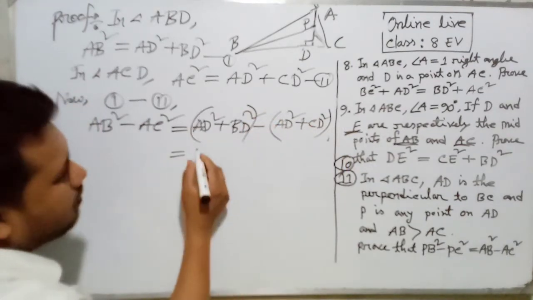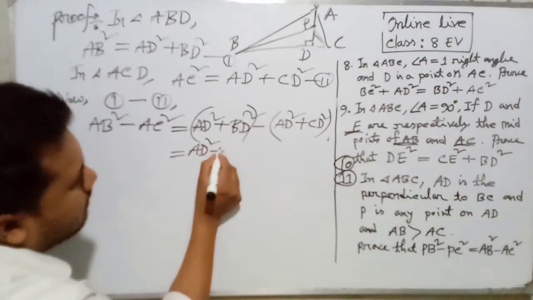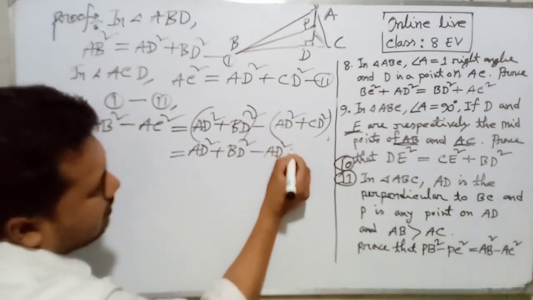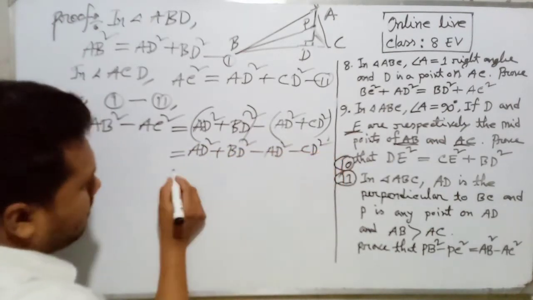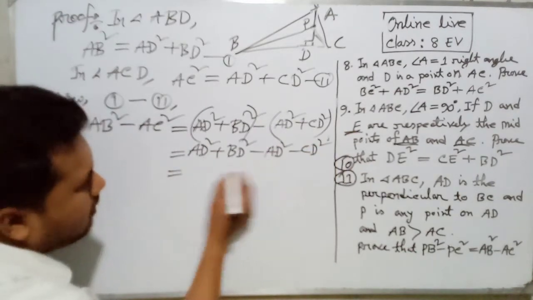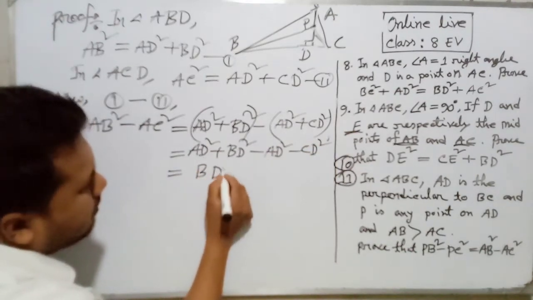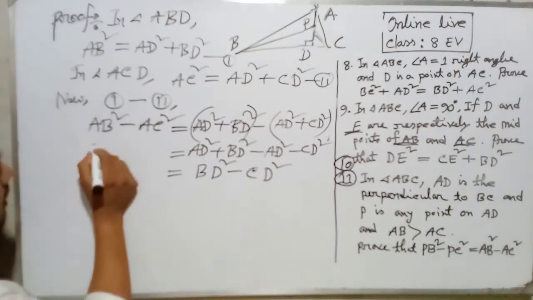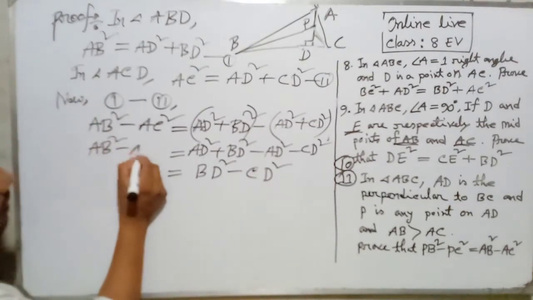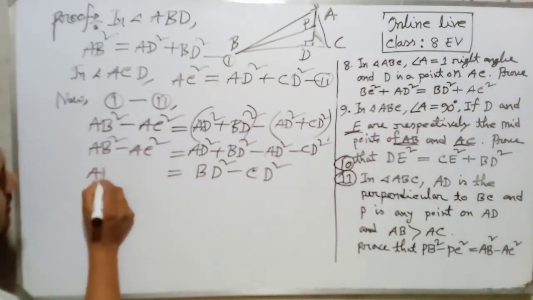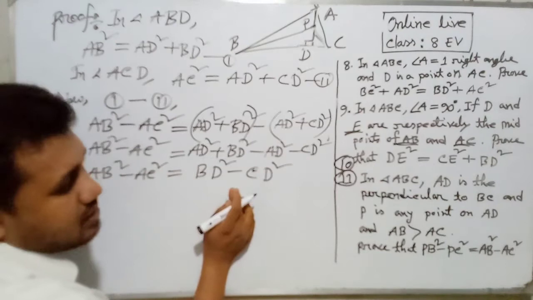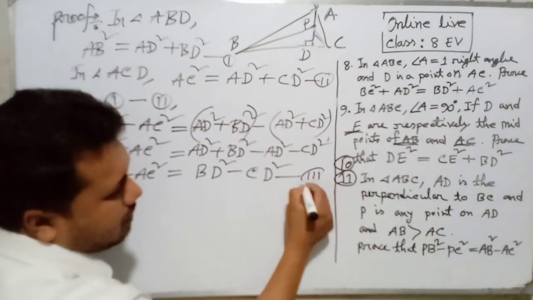Now if we remove the bracket, AD square plus BD square minus AD square minus CD square. Now AD square and AD square cancel, it will be BD square minus CD square. So we can say AB square minus AC square equal BD square minus CD square. Suppose this is our equation number 3.